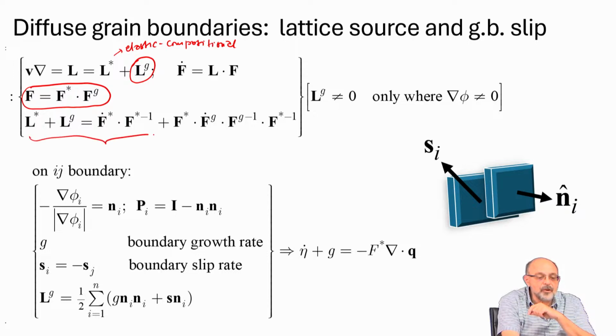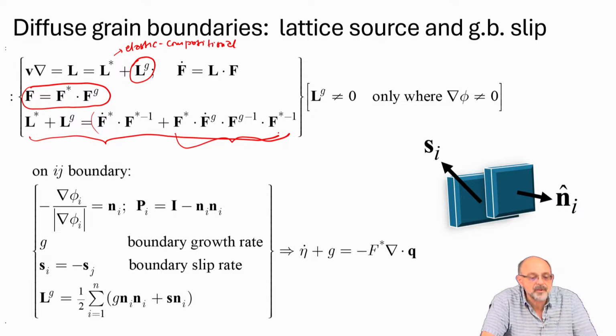So there is a slight complication here with geometry. L star and L star will be simple, but LG will be a little bit more complicated. Those who dealt with crystal plasticity are familiar with this. But I remind you that this LG, this component, is not zero only where gradient phi is different from zero. That is at grain boundaries, at that thin interface layer where the gradient is non-zero.